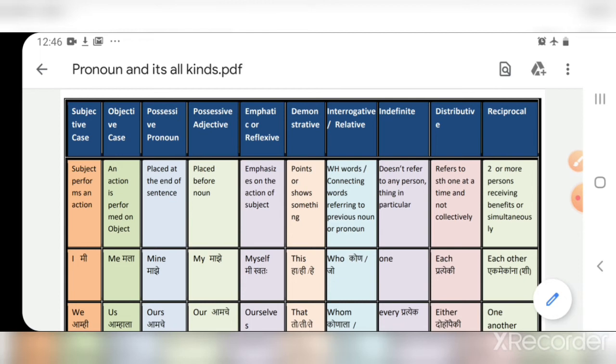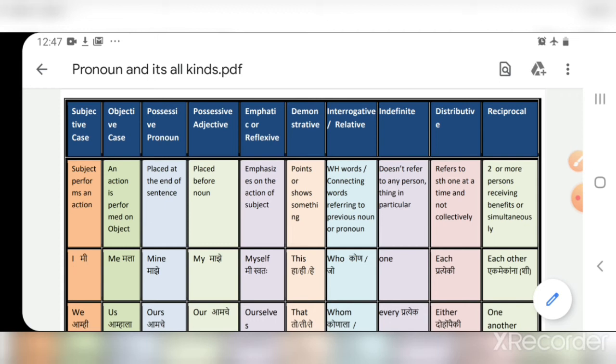But the meanings are different. In interrogative pronouns, there are questions. So the meanings of those sentences become questions. But relative pronouns are used to point or to talk again about the subject.